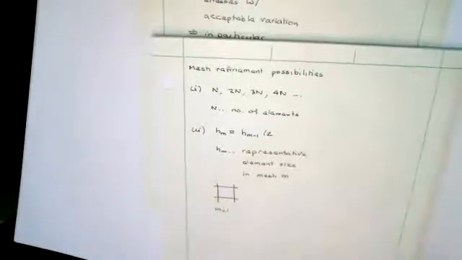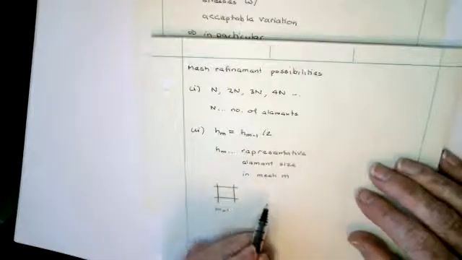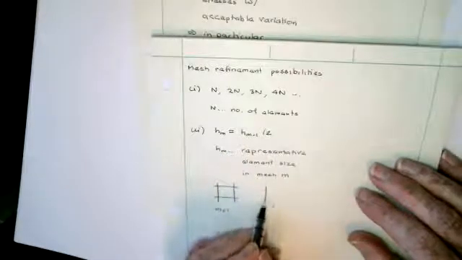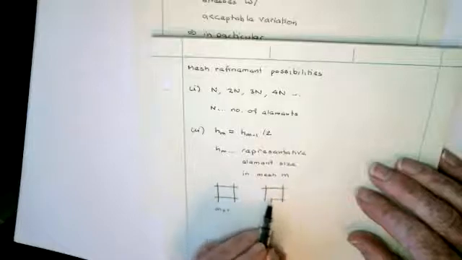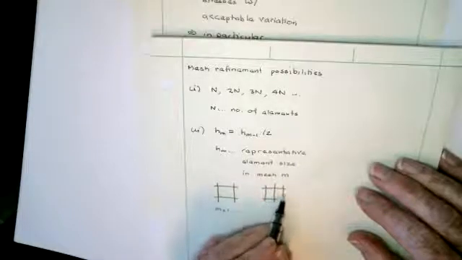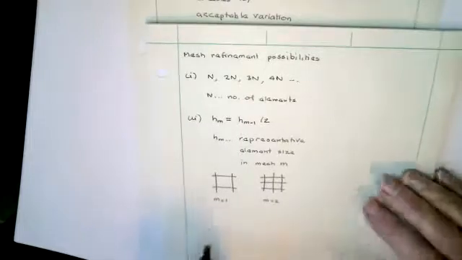There's my first element, and then I'm going to halve it. And I went to m equals 3.